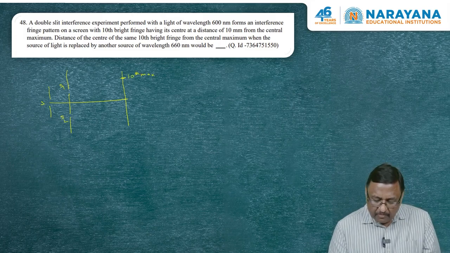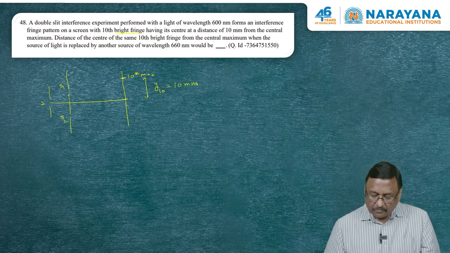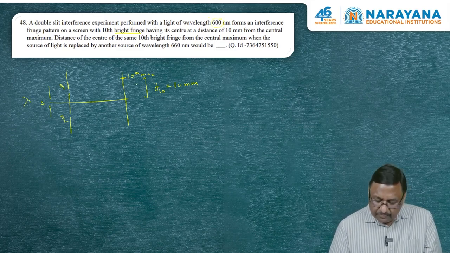So he is saying the 10th maxima is at a distance, if I denote it by y, y10 is given to be 10 millimeter. We are using the wavelength here, which is given to be 600 nanometer.